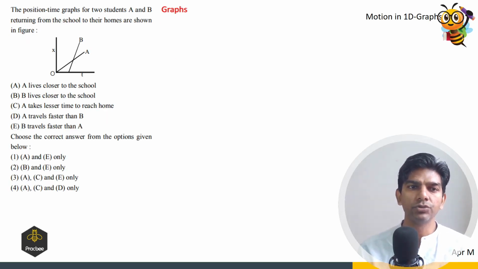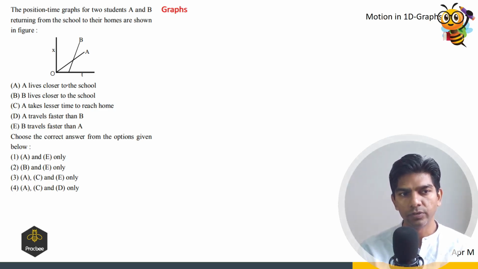Right, now let us see this question based on graphs. The position time graph for two students A and B returning from school to their homes is shown in the figure. Right, so if you look at the graph for A, this graph starts from the origin, and we can also see the displacement of A, and the time taken by A to reach home.